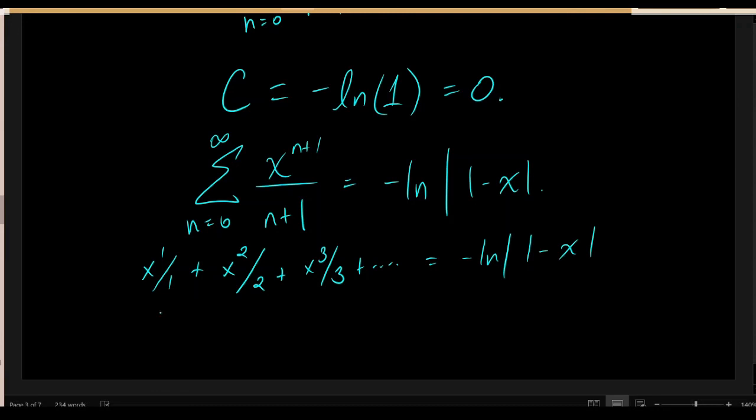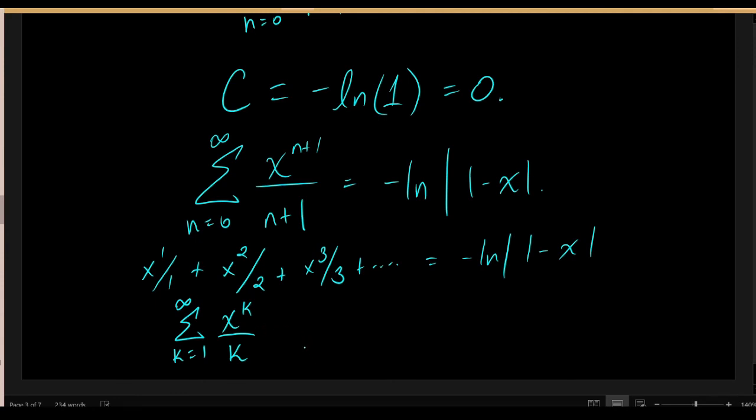But notice that this series on the left can just as well be written as the sum starting from 1 to infinity of x to the k over k. If k is equal to 1, we get x to the first power over 1. If k is 2, we get x to the second power over 2.